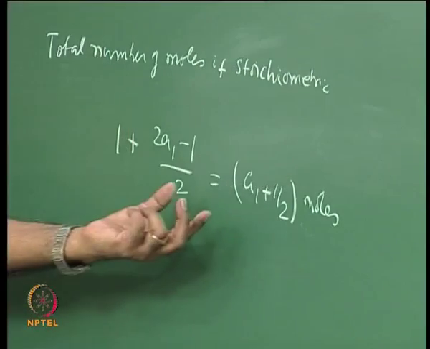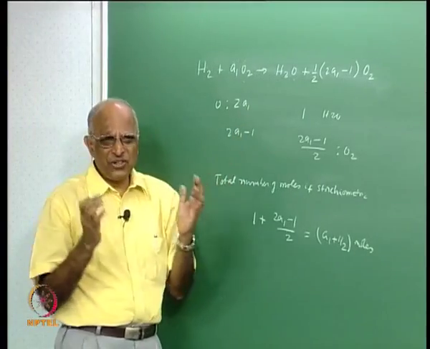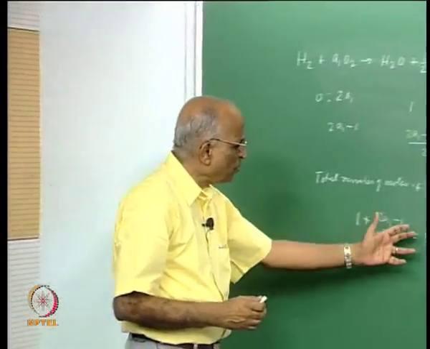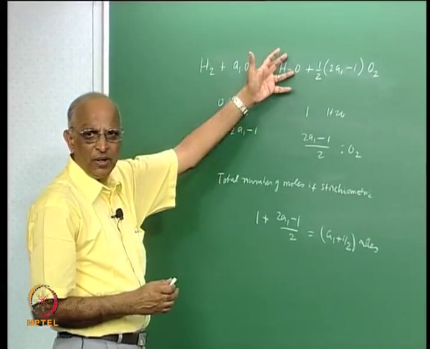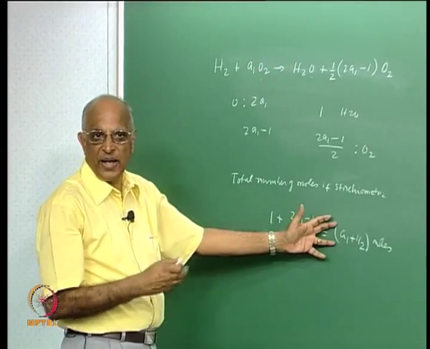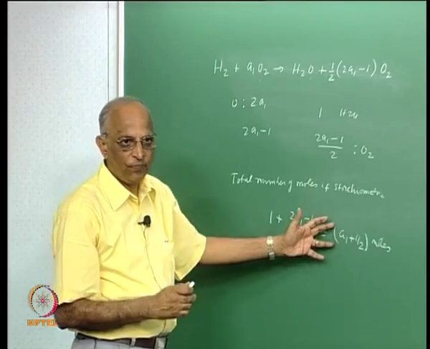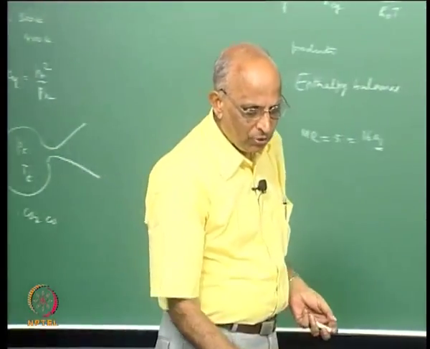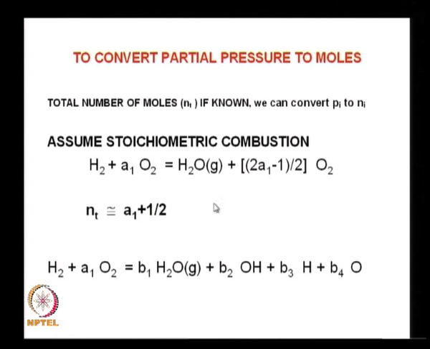Mind you, this assumes stoichiometric, but in general, if you do a number of problems, the number of moles are not very much different, but then we will go back and correct it as we go along, as I will show you. Therefore, to begin with, we will assume that the total number of moles is going to be A1 plus half. Mind you, I am assuming stoichiometry, so let the total number of moles in the products be this.